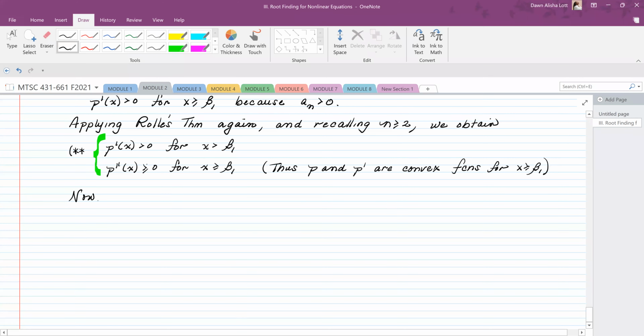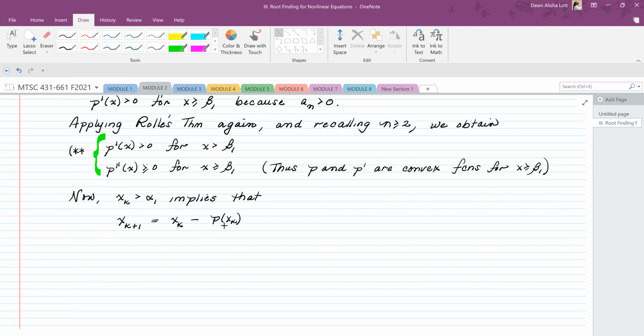So now we have that x_k bigger than alpha 1, that's the first root, implies that x_{k+1}, which is equal to x_k minus P of x_k divided by P prime of x_k.